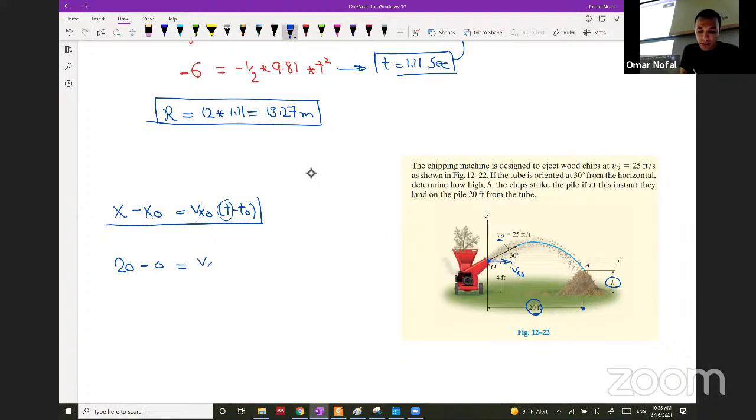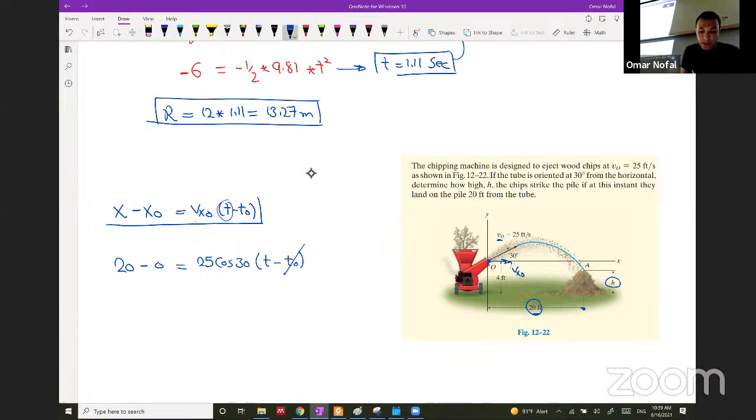The vx node will be v node, let's say 25 cosine 30, times t minus t node, assuming it starts from t node 0 at this location.